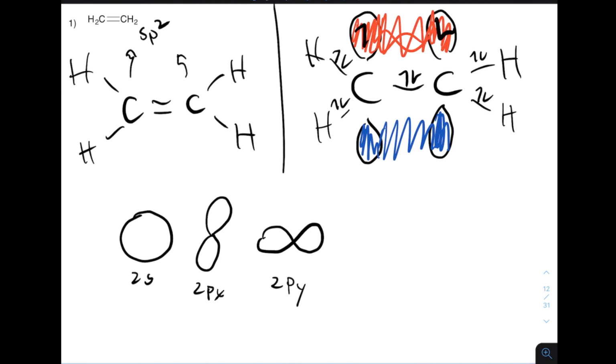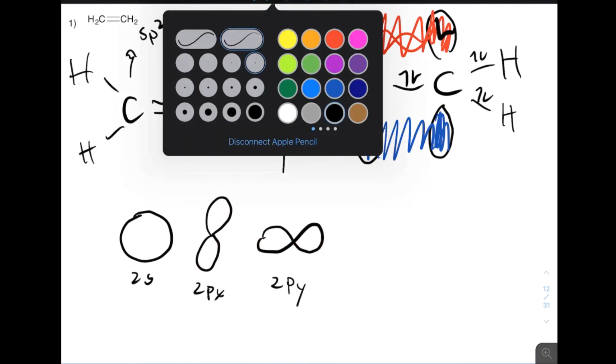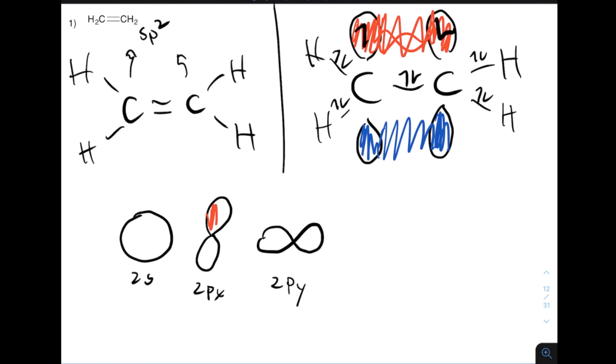So we can consider these orbitals here that are unhybridized as the 2pz orbitals. And I'm drawing them in a certain way, right? Because they can't all exist in the same plane. You have one in the z direction, one in the y direction, and one in the x direction. But that's kind of arbitrary. So we have the differently colored lobes here.